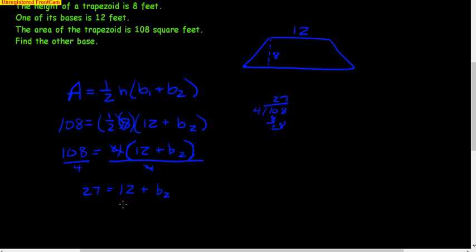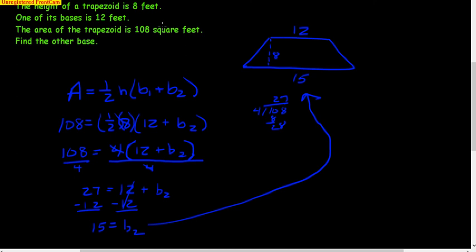I just got to move that 12 out of there, so I'm going to take away 12 on both sides, and that goes away. My b sub 2 comes down here. 27 minus 12 is 15. Okay, so turns out that I labeled it right. That was just dumb luck, really. So this is a 15 right there.